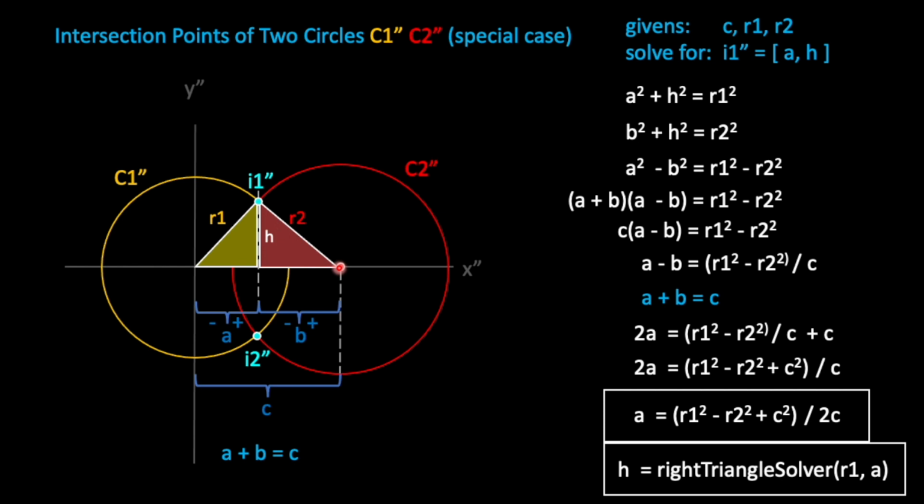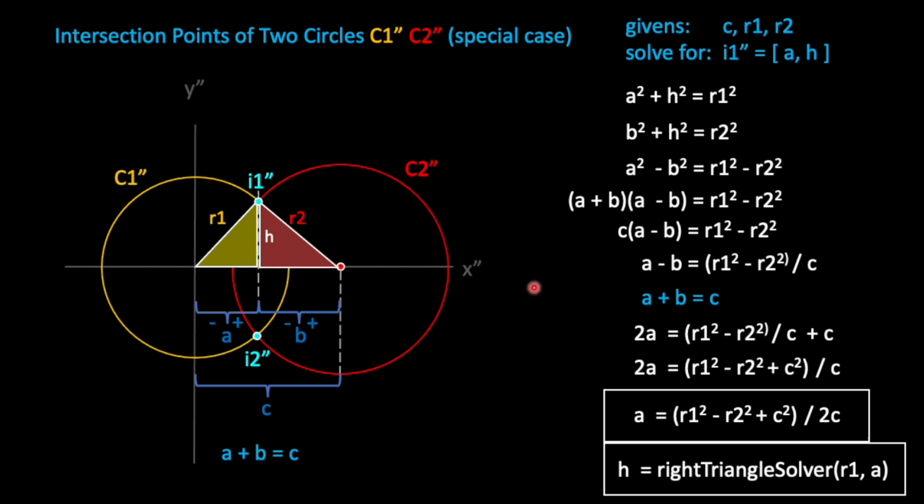So just want to point this out as one of the subtleties. There's nothing in this algebra that rules out having intersection points anywhere from here all the way over to here.